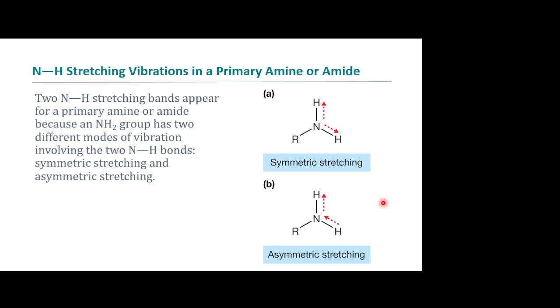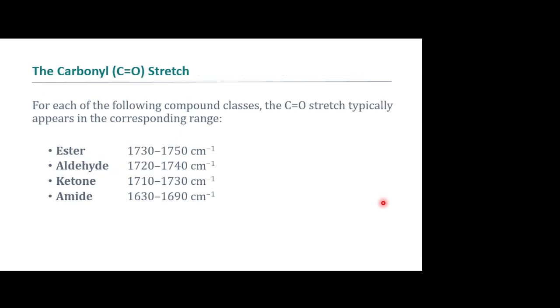Okay. All right. This is your carbonyl stretching. For each of the following compounds, your carbonyl stretch is typically going to appear in the corresponding range. This is an ester right here, 1730 to 1750 wave numbers. We have the aldehyde, which is going to be a bit lower, at 1720 to 1740.